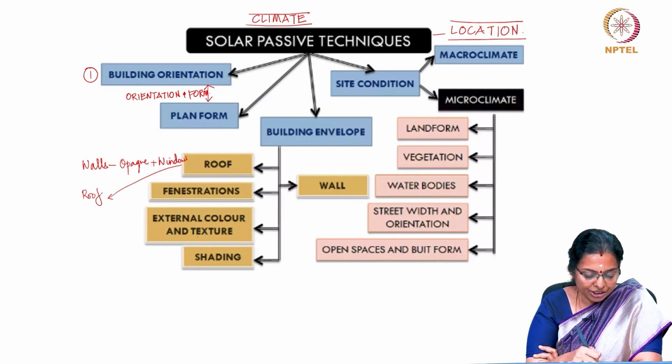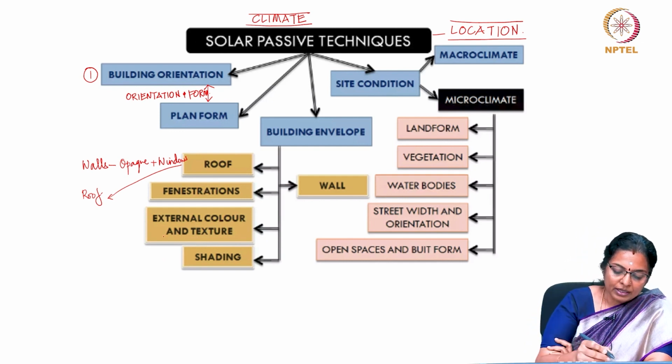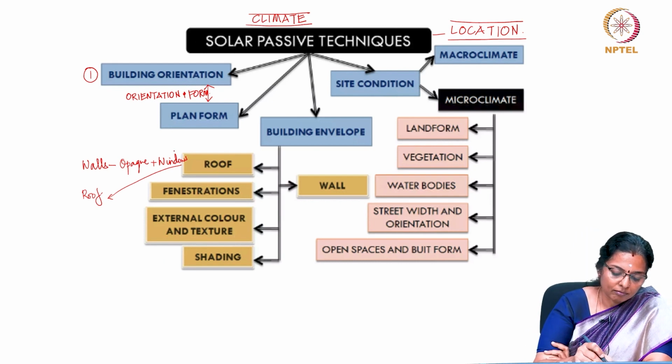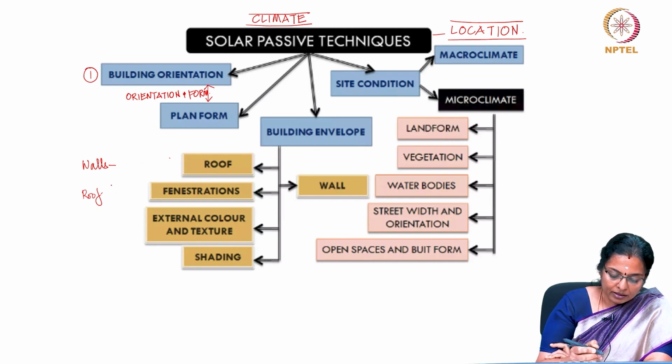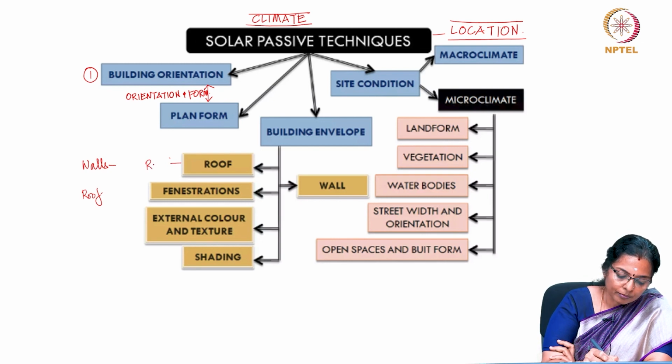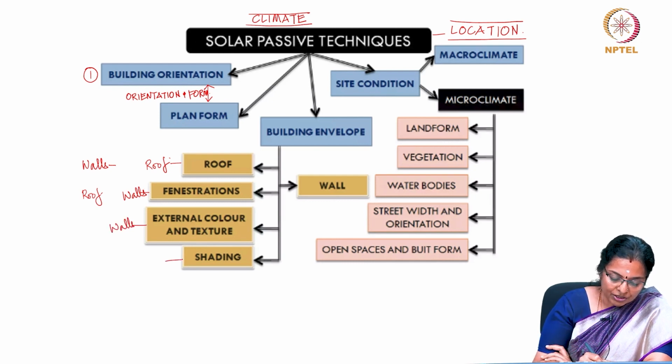Windows has shading device. So, I would say this relates roof, fenestration relates to walls, color and texture relates to walls, shading relates to openings and therefore walls.